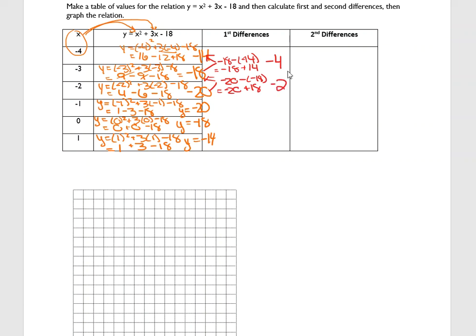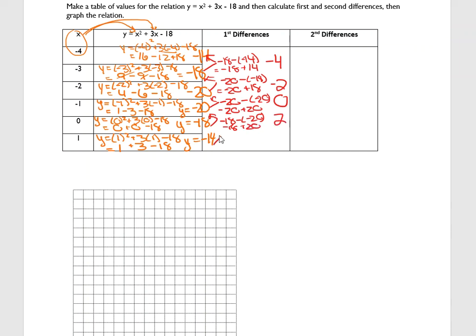So it's not looking linear because my first differences are not the same. Next pair, -20 subtract -20. That is -20 plus 20. We get a 0. Next pair is -18 subtract -20. That's -18 plus 20, which is a 2.